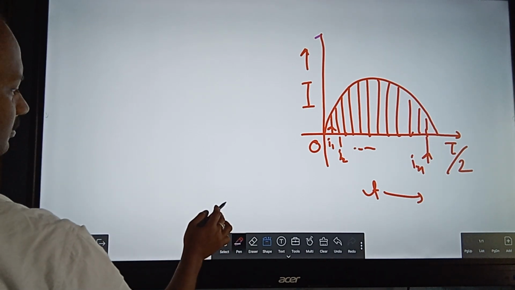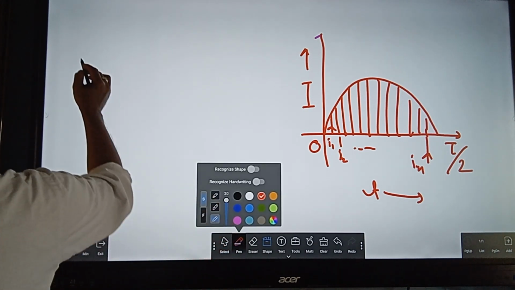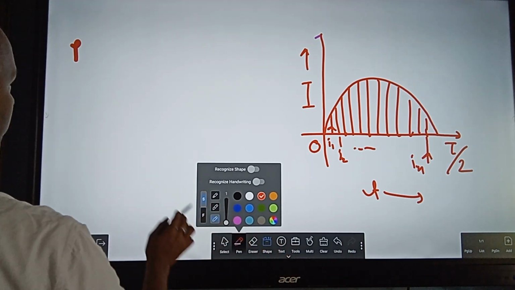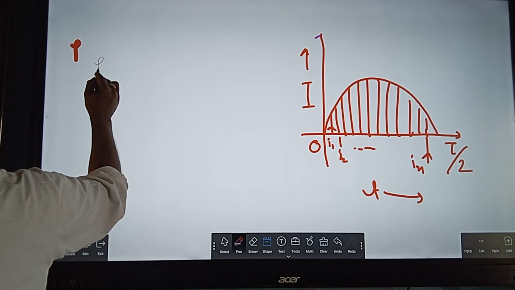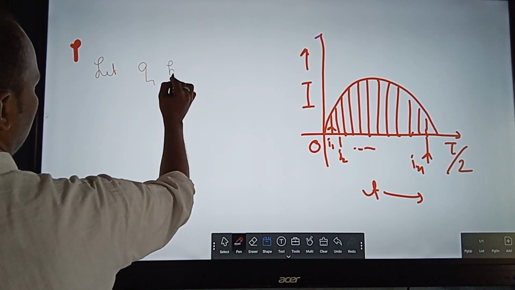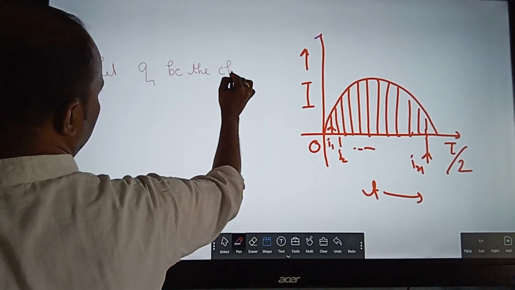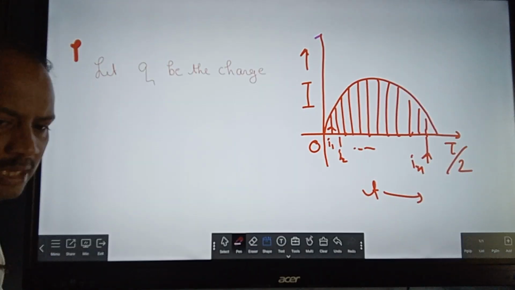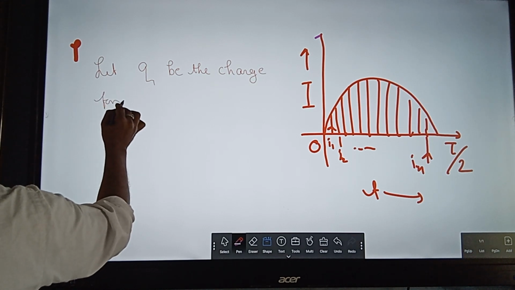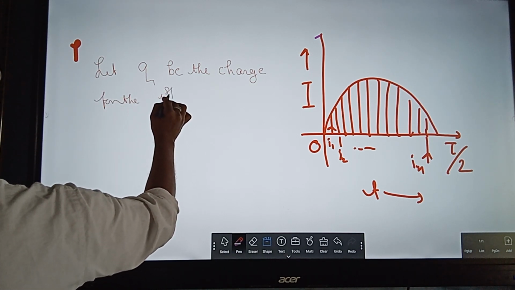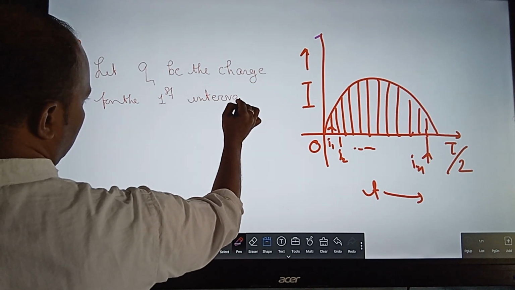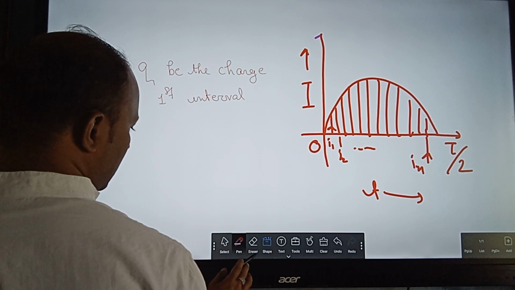Let Q1 be the charge for the first time interval.